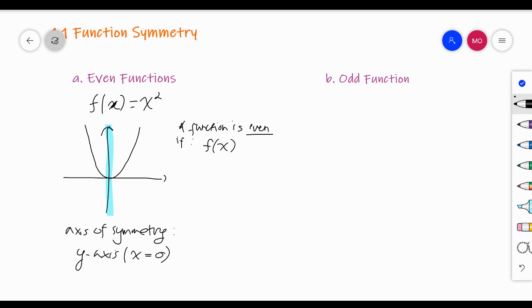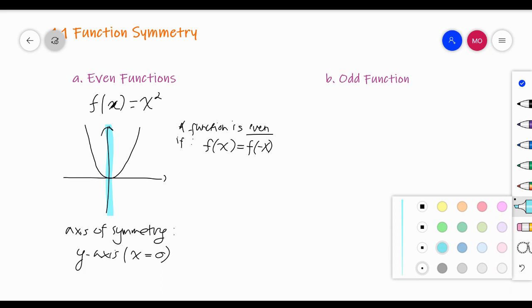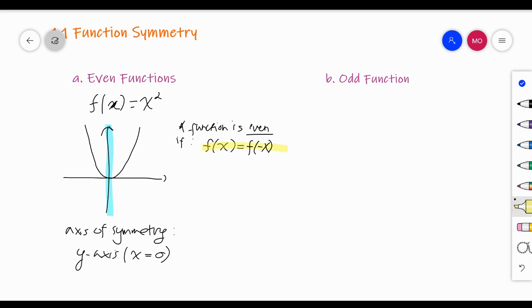The function f of x is equal to f of minus x. I'm going to highlight this because it's pretty important. So it looks a little bit abstract.